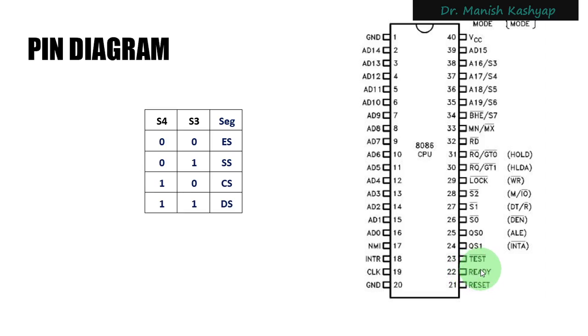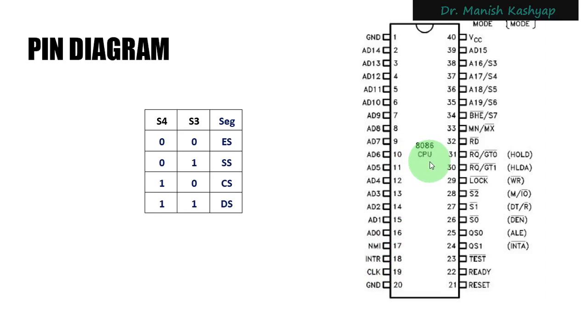Now, let me first discuss the INTR pin, the interrupt pin. This is an externally given interrupt, but the interrupts given on this pin are maskable in nature. There is an interrupt flag inside the 8086 CPU.